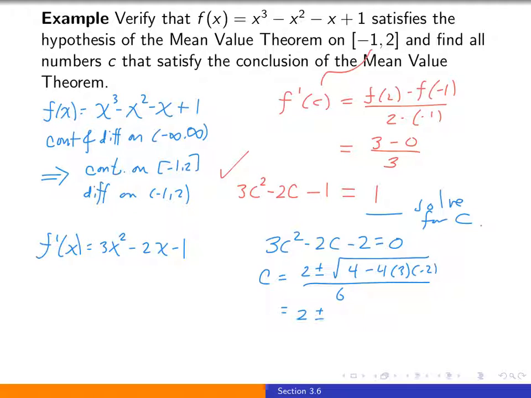This is going to be 2 plus or minus, and underneath that square root, we're going to have 4 plus, so minus a minus makes it a plus, 6 times 4 is 24. So plus or minus the square root of 28 over 6. And these values are approximately equal to, if we use a calculator, minus 0.55, which is in our interval, and 1.22. So there are two values of c, in this case, and they are given by the following expression.